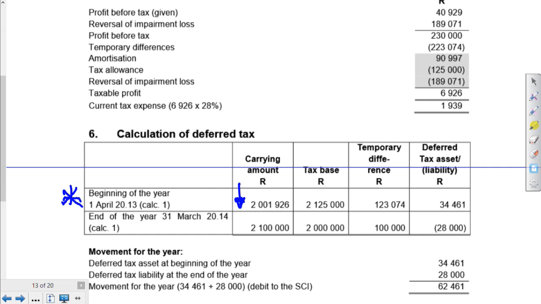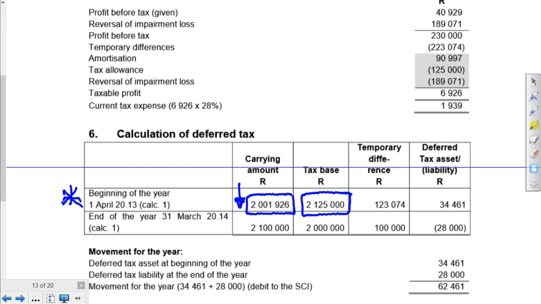However, when we have impairment, we'll end up in the opposite position, where when we add impairment to depreciation, we've written our asset down more than SARS. So when you see this line, you'll see that in this case, when we had the impairment, the carrying amount is actually smaller than the tax base.